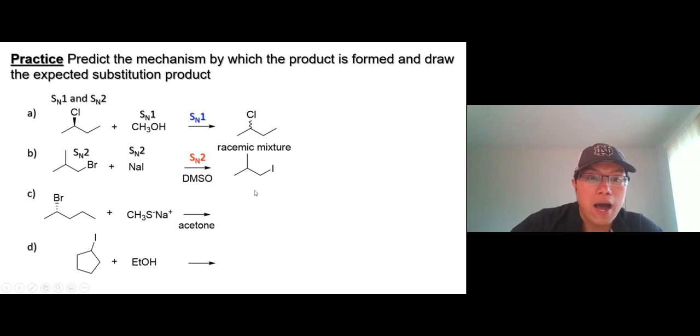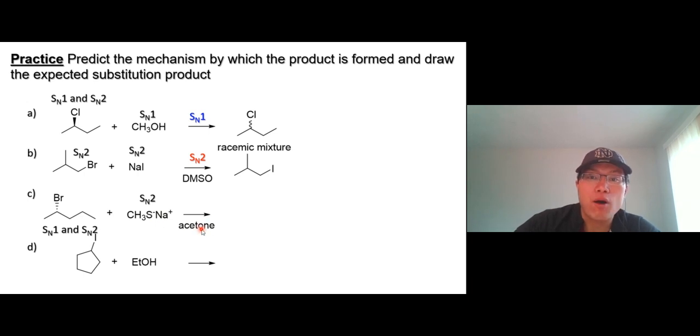All right, C down here. So start with the alkyl halide. Secondary alkyl halide. What mechanism? Also, you can go both SN1 and SN2. This is secondary, right? Carbocation stable enough and it's not too sterically hindered, so SN2 works. If you look at the nucleophile, a strong nucleophile favors SN2.